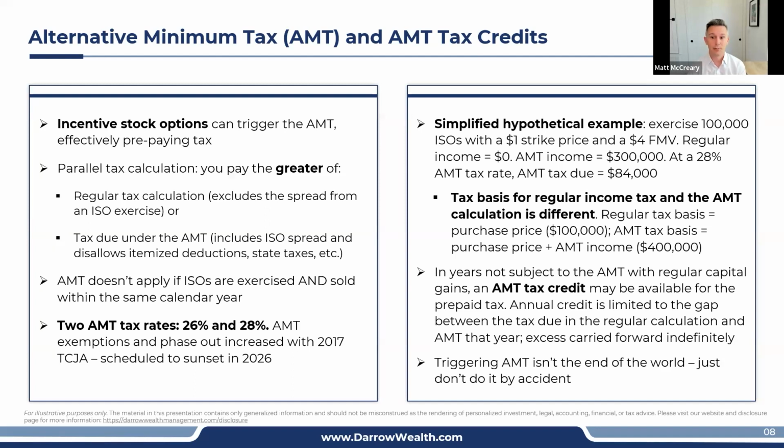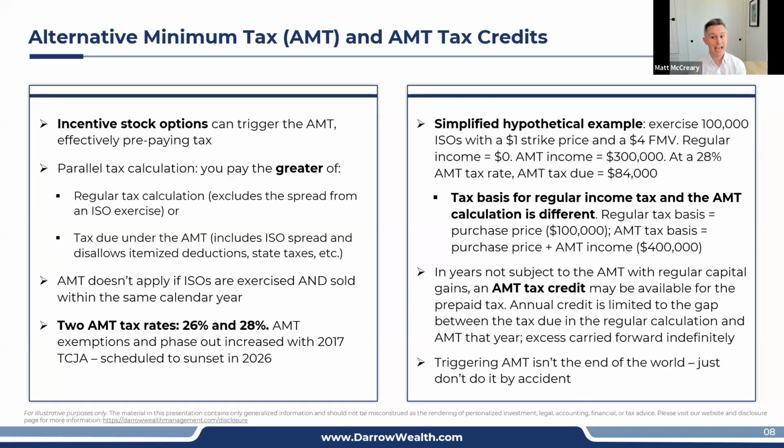For regular tax purposes, you will have regular income of $0. The AMT income will be $300,000. That is the spread between the value on the date of exercise and the exercise price. At a 28% AMT tax rate, you would owe around $84,000 for AMT purposes.